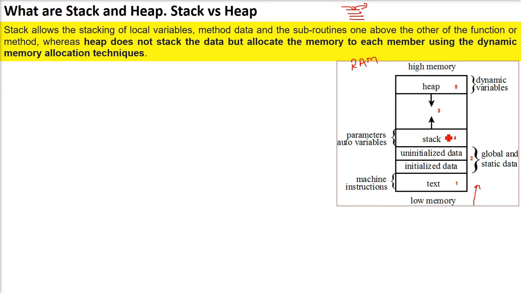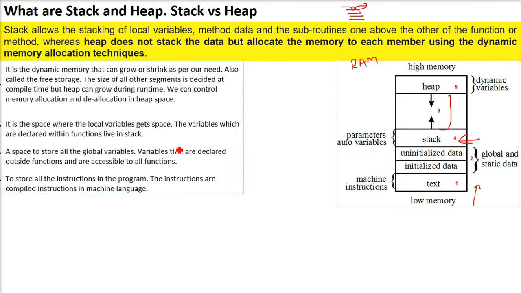See, what are you putting in the stack? Auto variables and parameters. What does the heap keep? The heap does not stack the data but allocates memory to each member using dynamic memory allocation. All the dynamic data will go to the heap, that is, when you use the new operator or malloc or calloc.